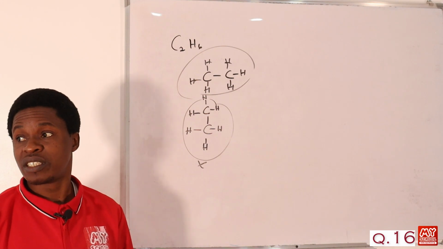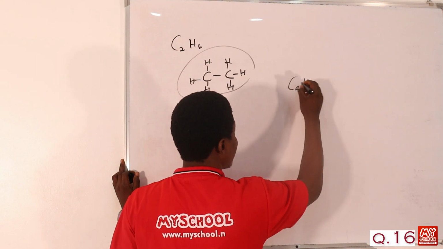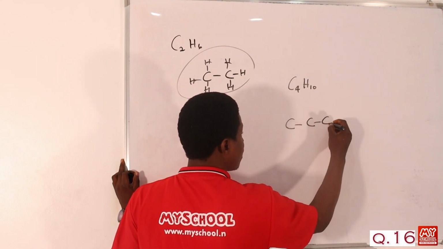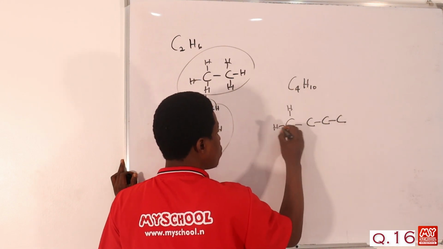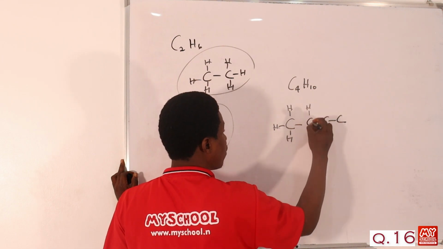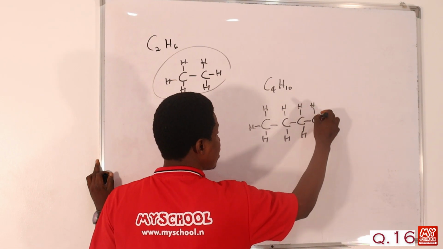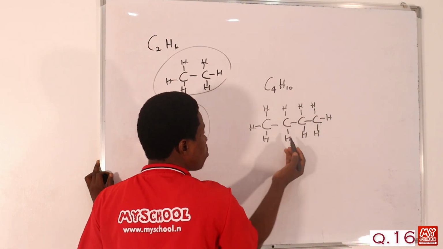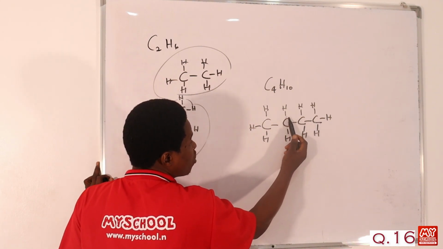The third one is C4H10. Let's see, we can have 4 carbon atoms, 1, 2, 3, 4. Then we have 10 hydrogens, 1, 2, 3, 4, 5, 6, 7, 8, 9, and 10. So we can decide to change this carbon atom to be on top of this place.